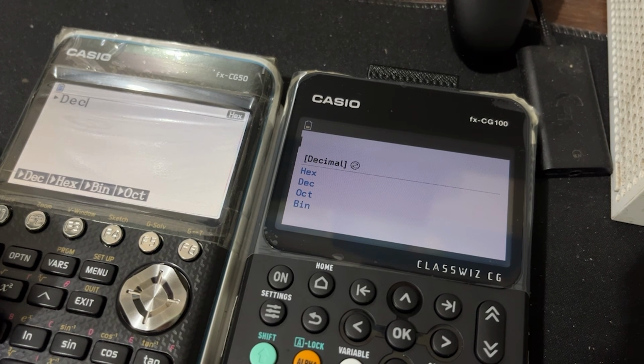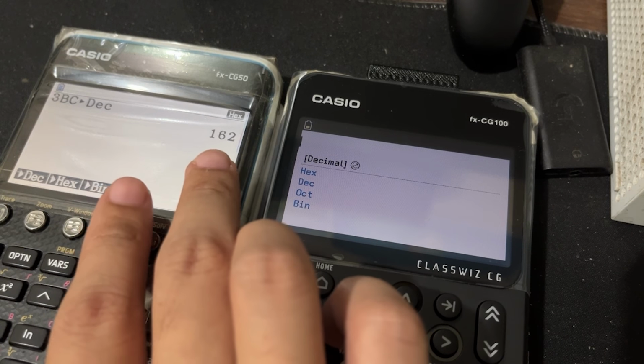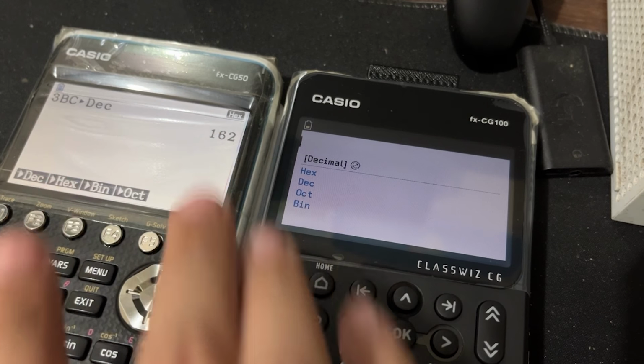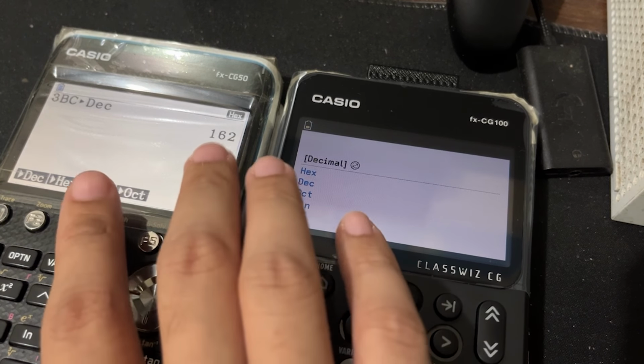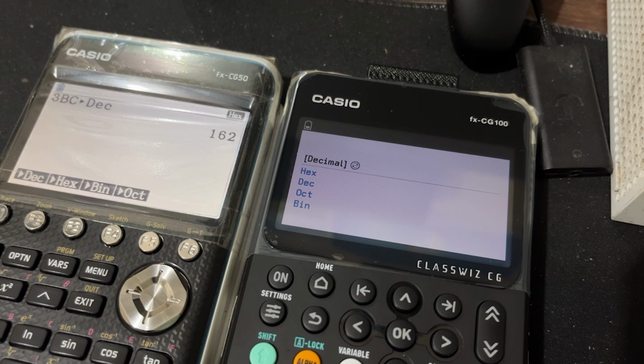We're going to delete it. So 3 alpha BC, the decimal point, 162. That's not correct, it's incorrect. The problem is the incorrect answer. So the answer is 3 alpha BC. 3BC. Syntax error.